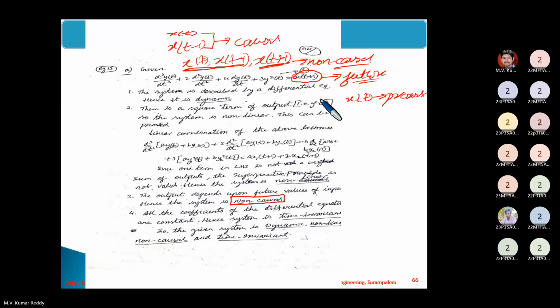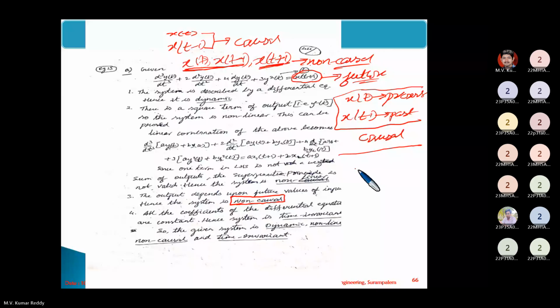Okay, x of t minus 1, this is past. If the system has present and past, then it is called causal.